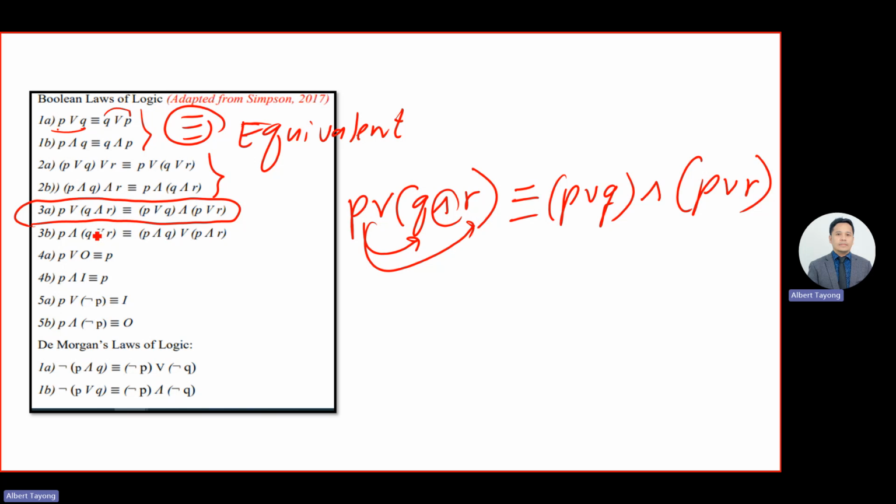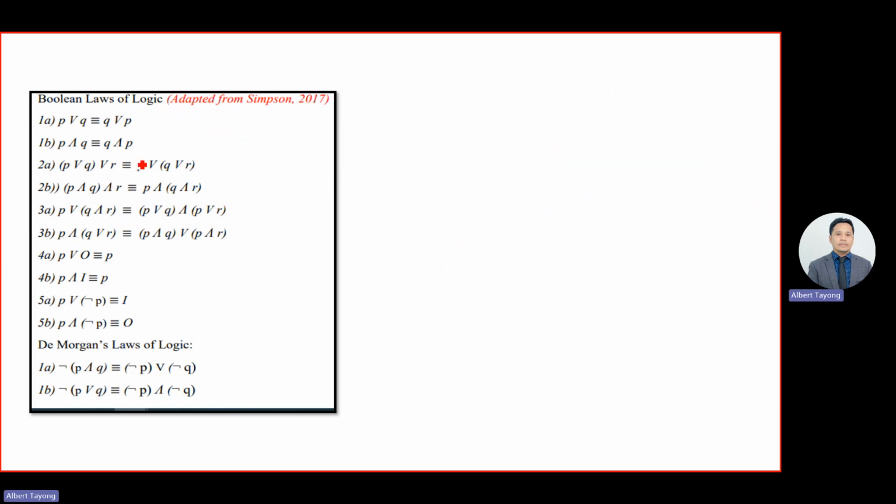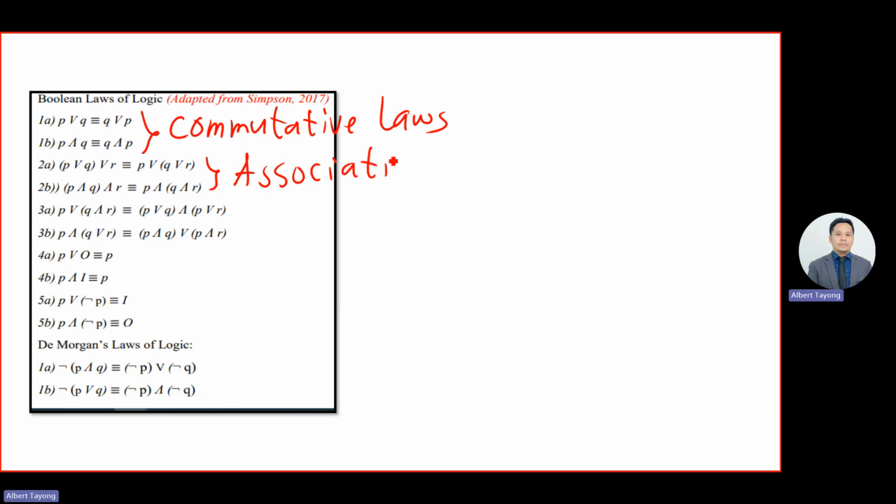So P or the quantity of Q and R, it becomes P or Q and P or R. So the first two talked about commutative laws. Second one is the associative. We change the groupings. This one is distributive.